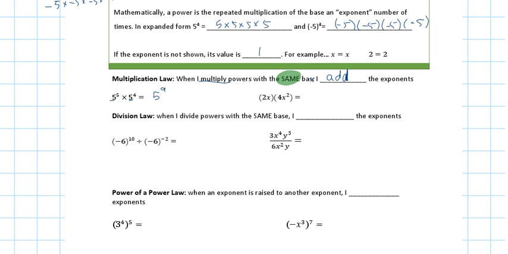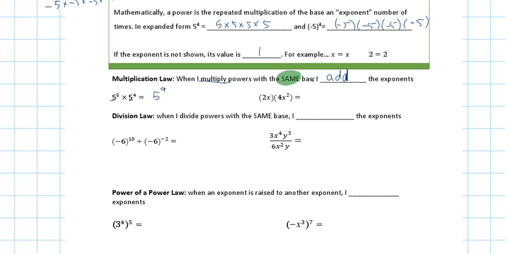How about the next one? I have 2x times 4x squared. I have to make them the same base. How can I make them the same base? Which one is the smaller base?